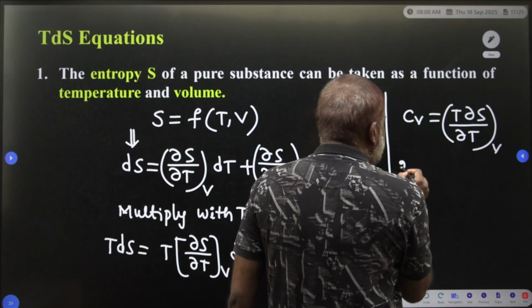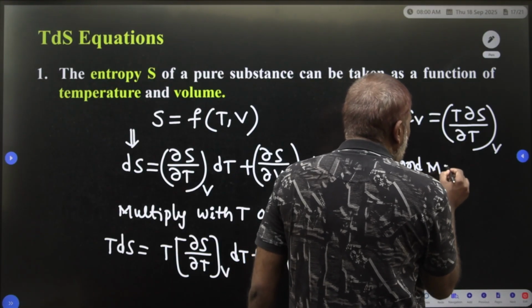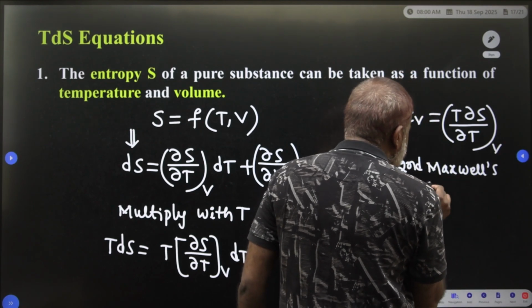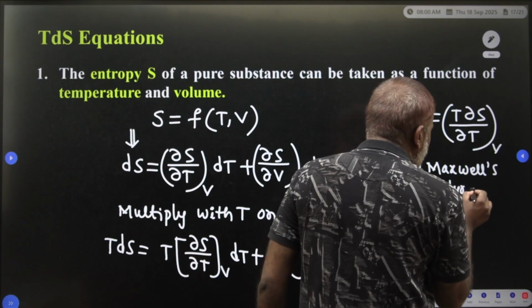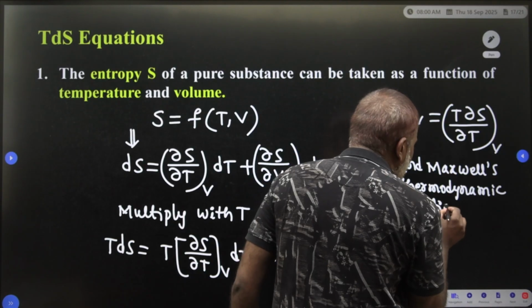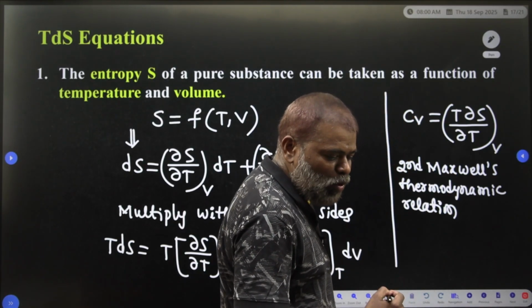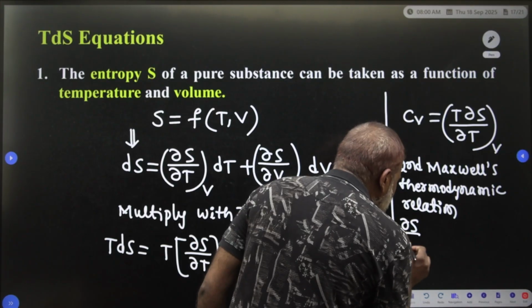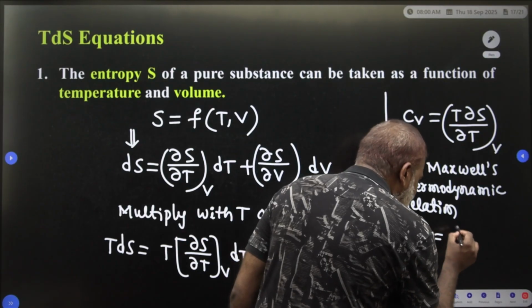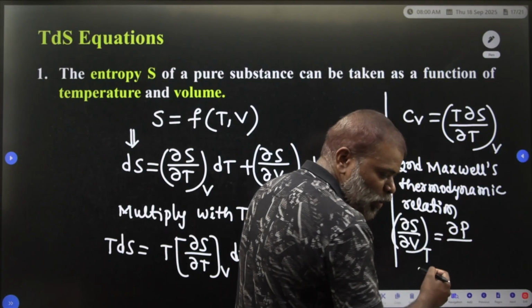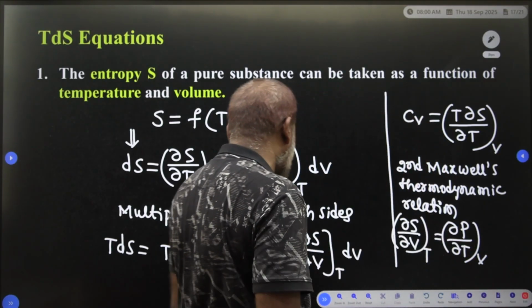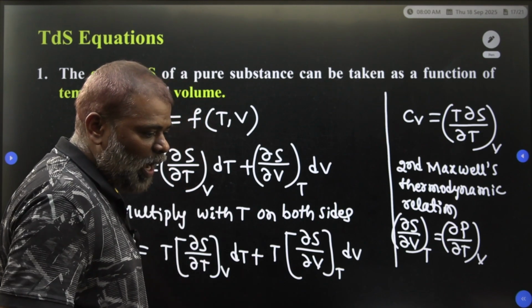You know the second Maxwell's thermodynamic relation: ∂S/∂V at constant temperature is equal to ∂P/∂T at constant volume. So based on that, you have to apply it here.